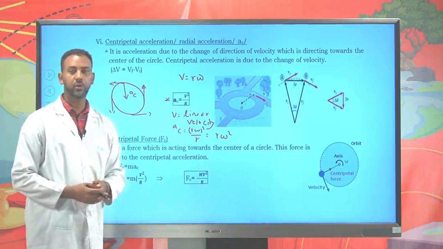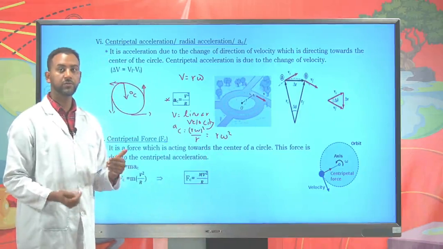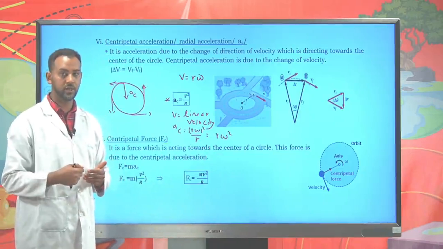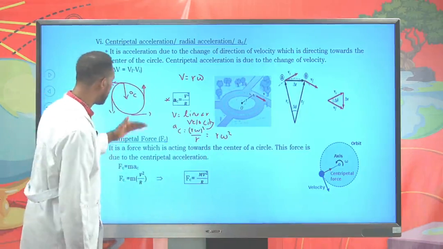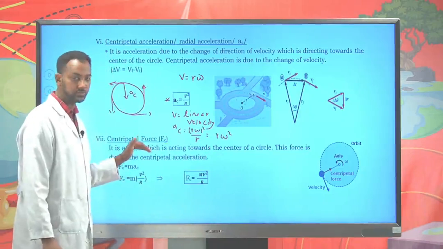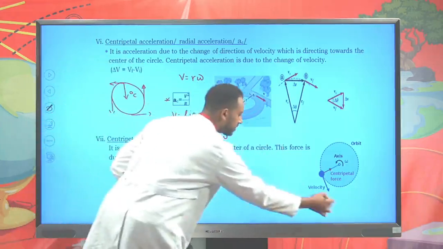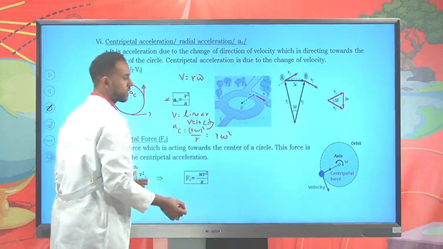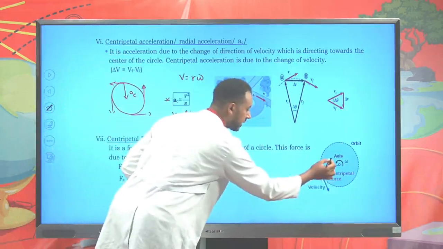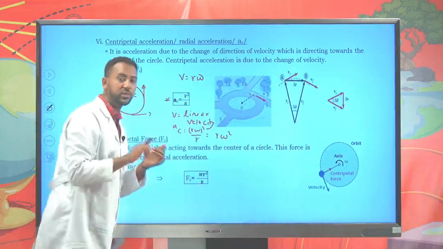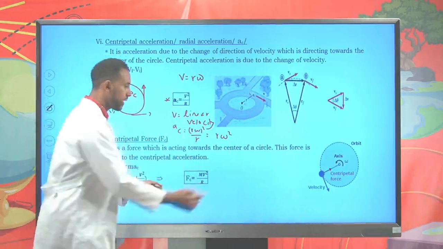And the other key point is, whenever there is acceleration, there will be a force. The net force which tends to act towards the center is known as centripetal force. Okay, suppose here you have a particle which moves on this circular path. This particle has a centripetal acceleration, and due to that centripetal acceleration, there will be a centripetal force.